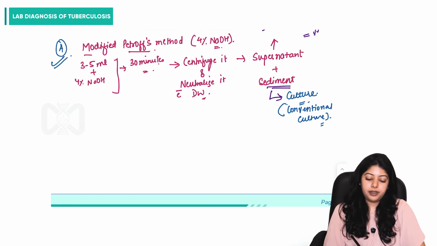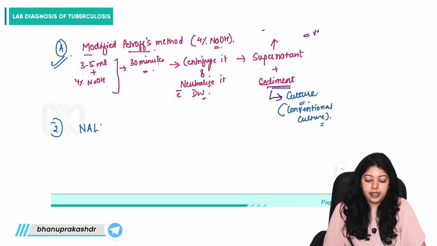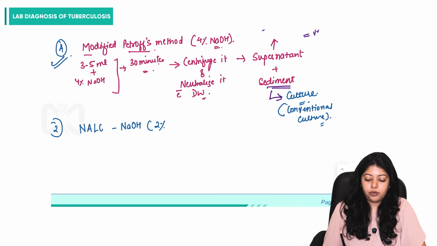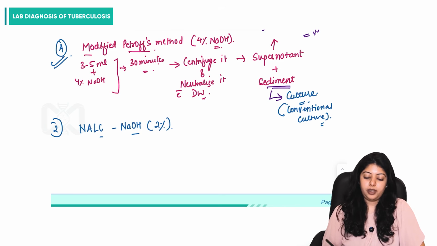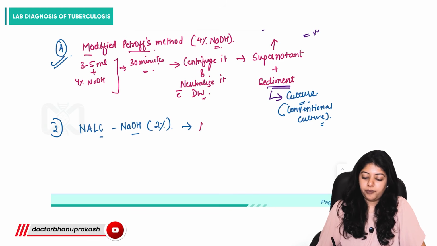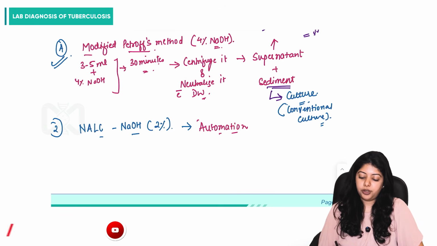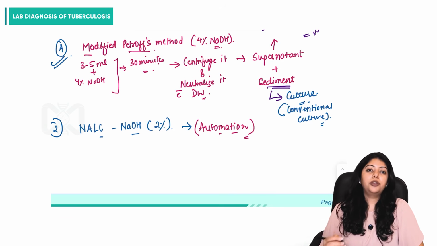Then we have the second method, wherein we use N-acetyl-L-cysteine and 2% NaOH, and this method is favorable for automation. What are the two steps?